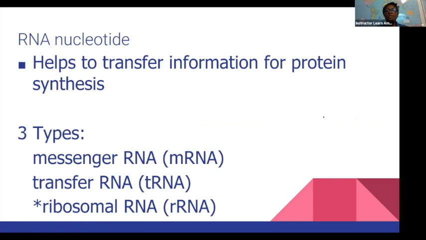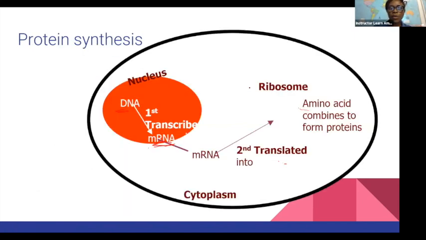And so as we're going to talk more about the transcription process or making of proteins, it's important that we also understand the RNA. And so RNA nucleotide helps to transfer information for protein synthesis. So I specifically spoke about the messenger RNA in the previous image. Let's go back to it.